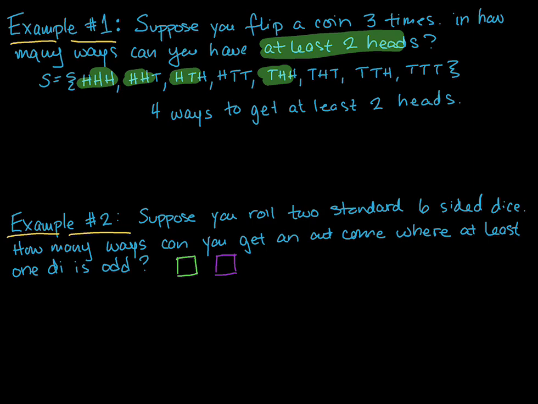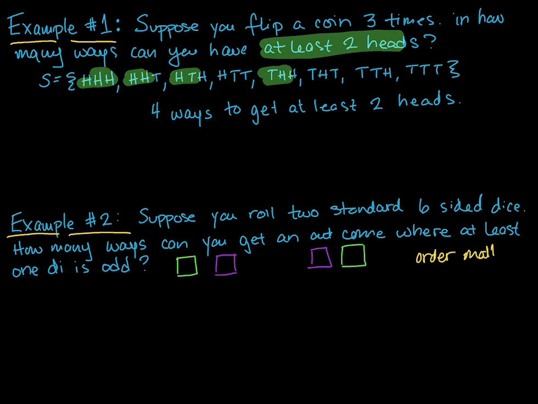So we do have to think of them as distinct dice. For example, this and this are not the same outcome. They might have the same sum, but they are not necessarily the same outcome. So in a sense, order matters.